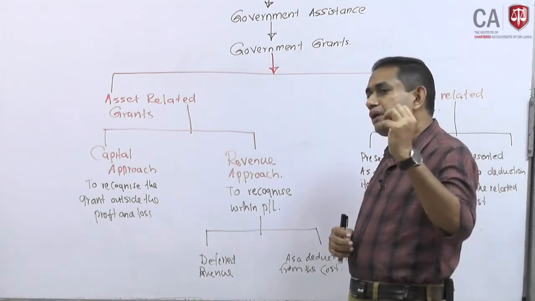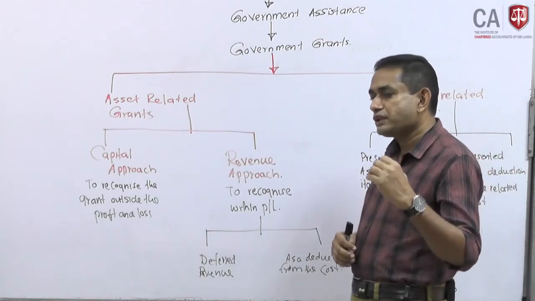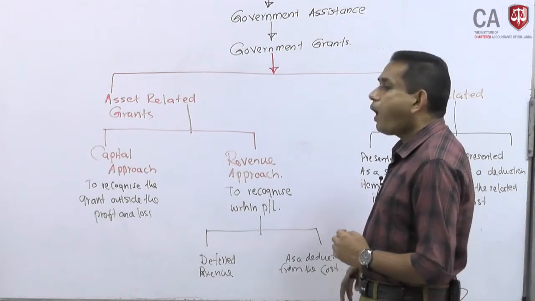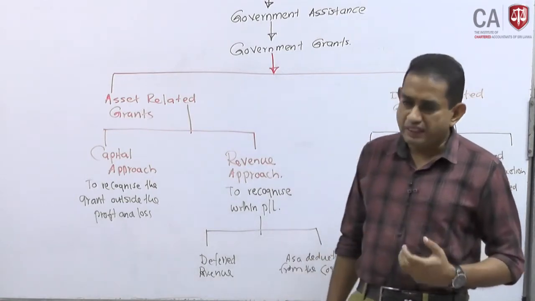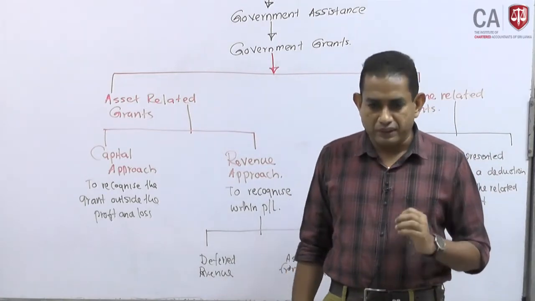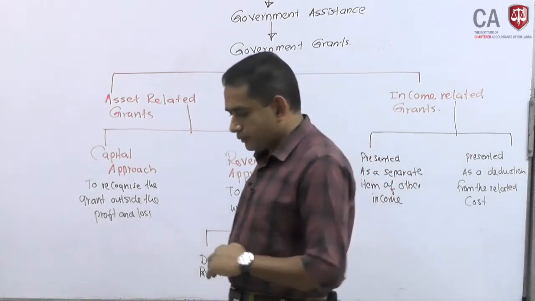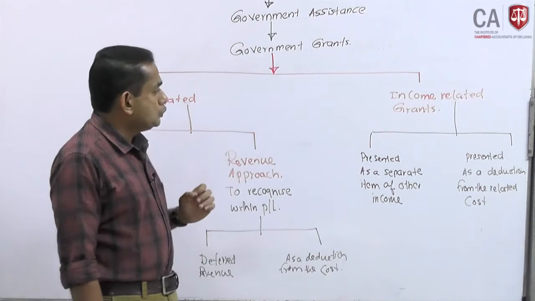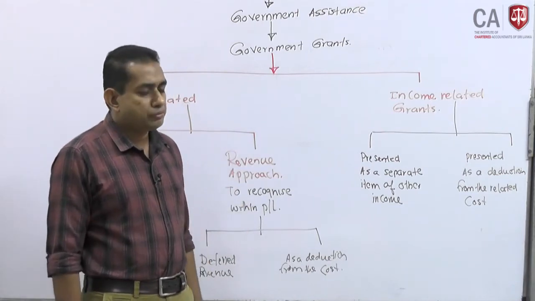Either you can recognize them first into deferred revenue, which can be released subsequently to profit and loss on a systematic method, or it can be presented in the financial statements as a deduction from the cost of the particular asset concerned. Other than this, you also need to learn how the repayment of government grants will be accounted in the financial statements.